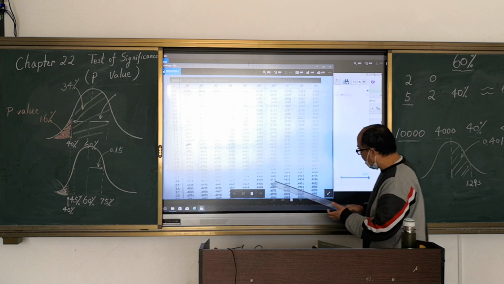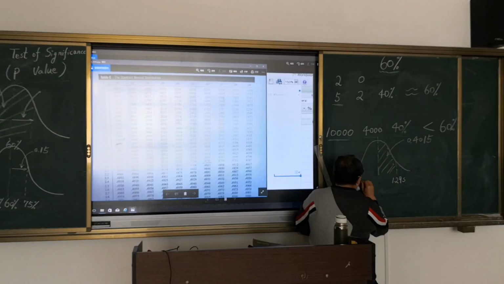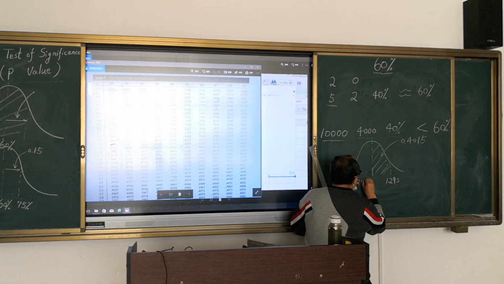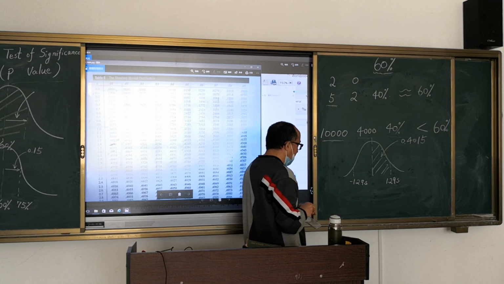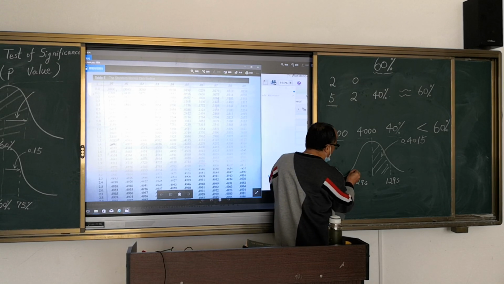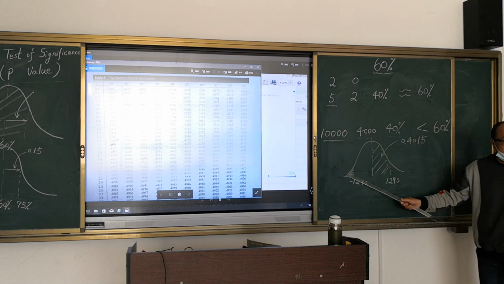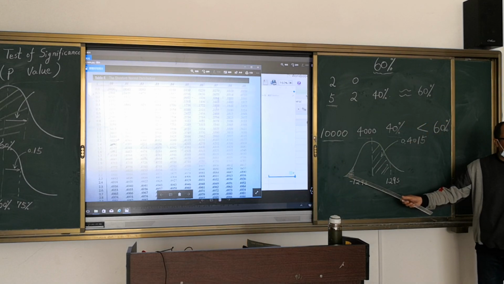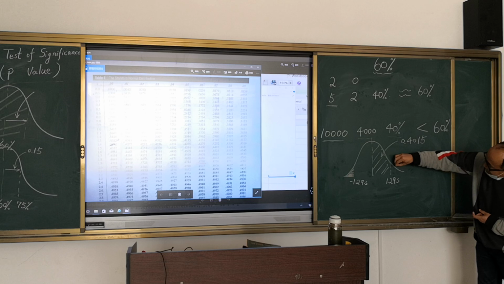Okay. Then here we want to know the red part. This is negative 1.29. Then what is this area? This area is the same as this area, okay?